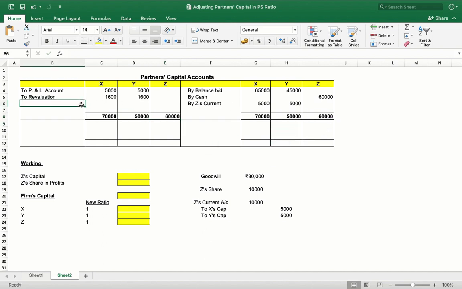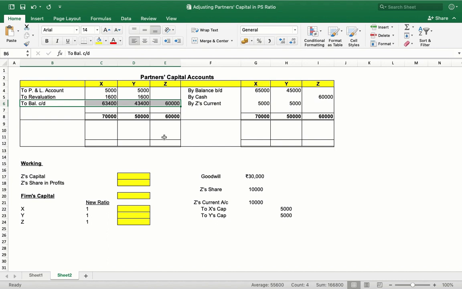Now to balance carried down. Now from this 70,000 I will subtract these two figures. So the updated balance of X's capital account is 63,400. And now let's see for others. So we got these updated balances of partners' capital accounts.